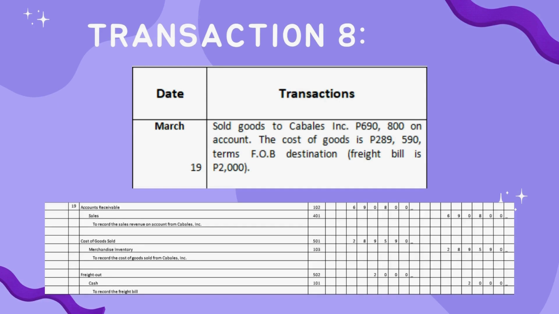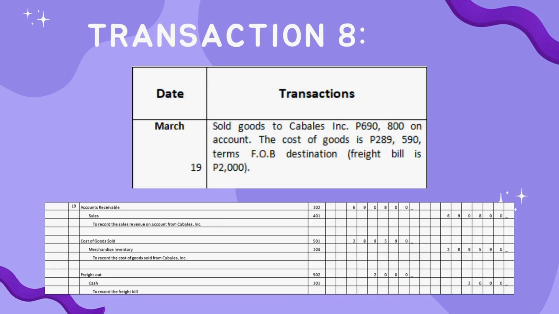In the General Journal, accounts receivable will be debited with 690,800 pesos and sales will be credited with 690,800 pesos, and the cost of goods sold will be debited with 289,590 pesos and merchandise inventory will be credited with 289,590 pesos. Freight out will be debited with 2,000 pesos and cash will be credited with 2,000 pesos.